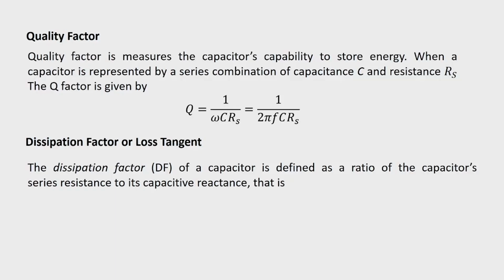and higher will be the capacitor's capacity to store energy. The dissipation factor or loss tangent of a capacitor is defined as the ratio of the capacitor's series resistance to its capacitive reactance, and this is given by Rs divided by 1 by omega C, that means omega C Rs, which is 1 by Q, and that is equal to tan delta.